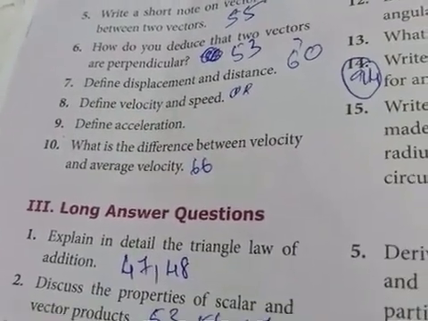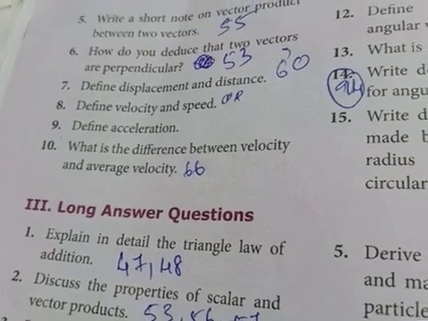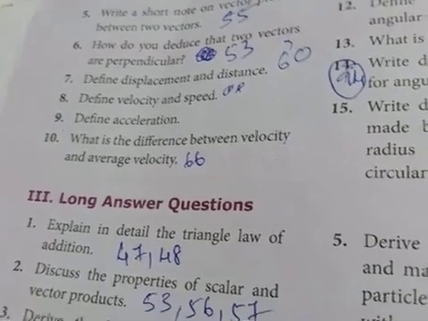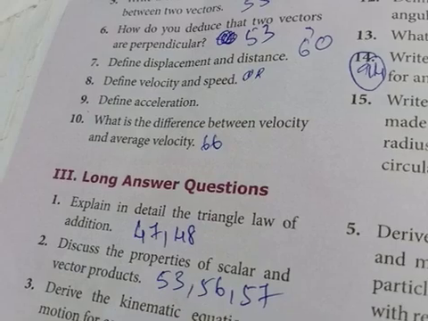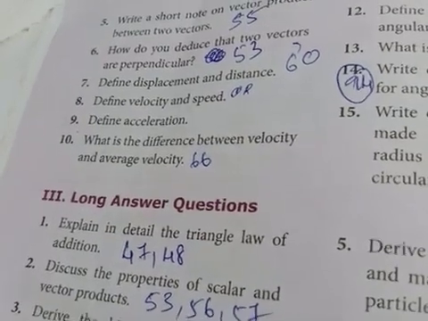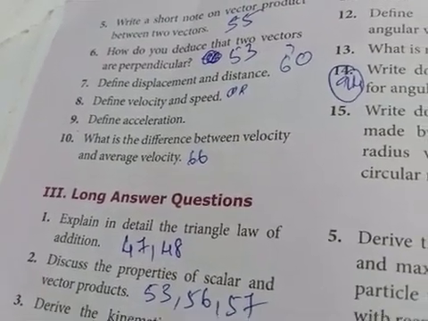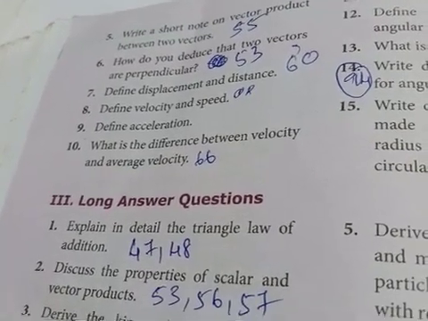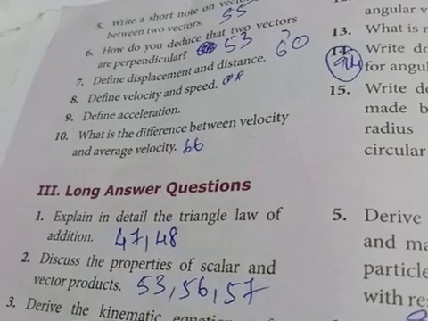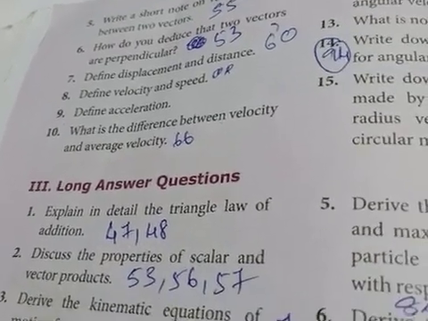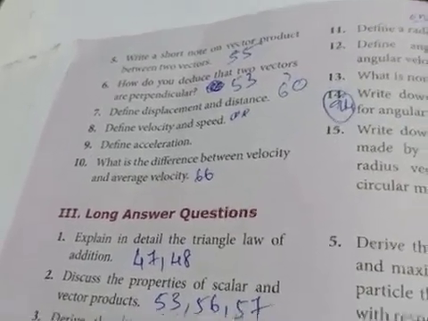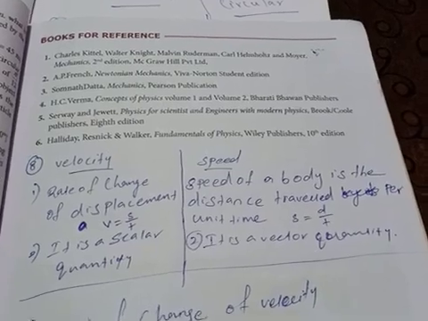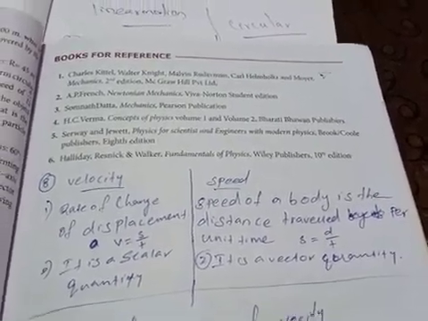You all know the definitions. Velocity is the rate of change of displacement, and speed is the rate of change of distance, or you can write speed is the actual distance traveled by the time. Then you can write velocity is a vector quantity, speed is a scalar quantity. So just note it down.